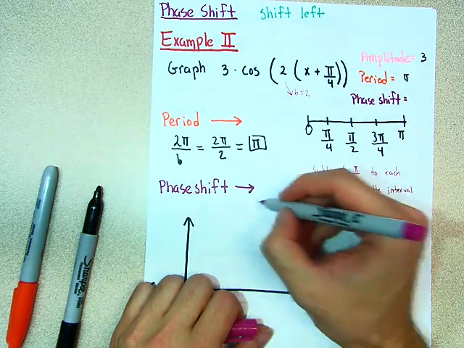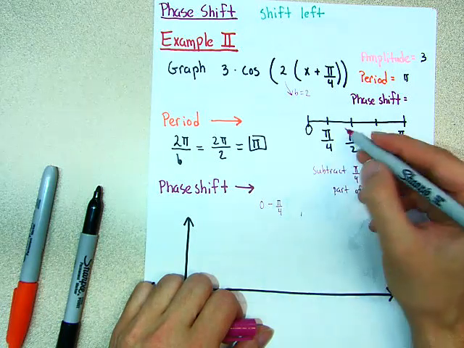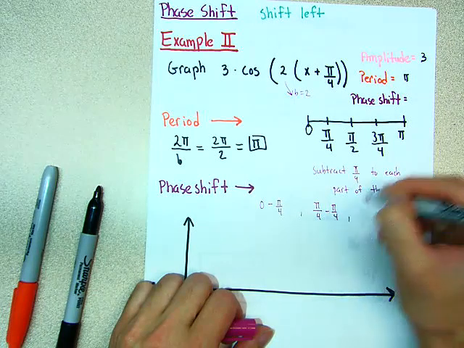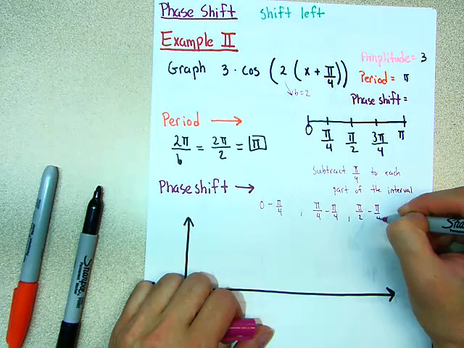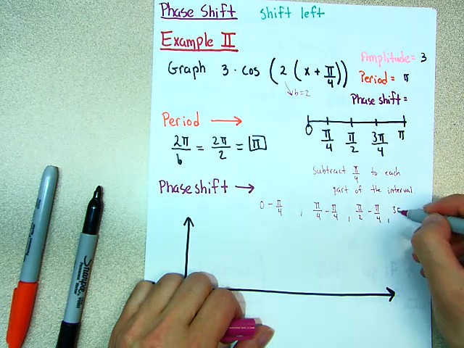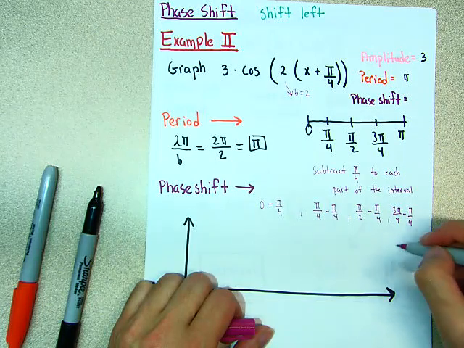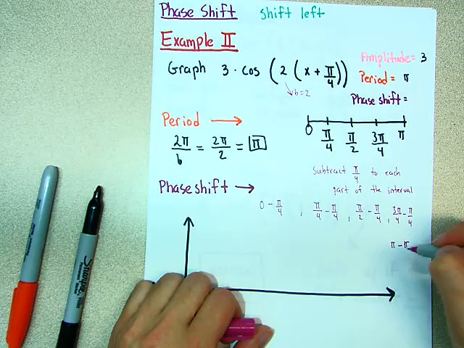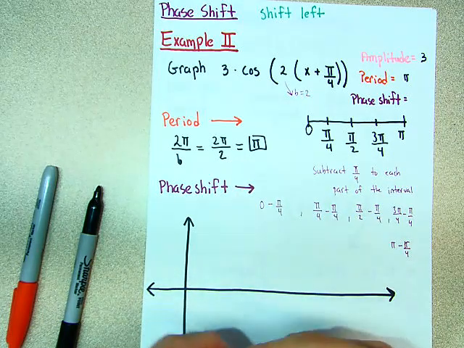It's going to be 0 minus pi over 4. What about the next one? This pi over 4 minus pi over 4. Then this pi over 2 minus pi over 4. This 3 pi over 4 minus pi over 4. And this pi minus pi over 4. Okay, because you're shifting it to the left, pi over 4 for each unit.